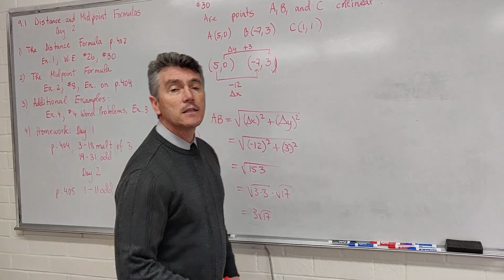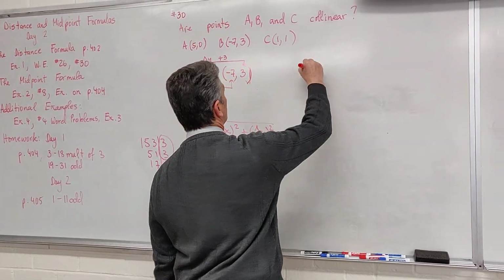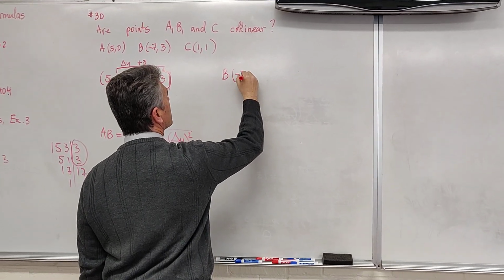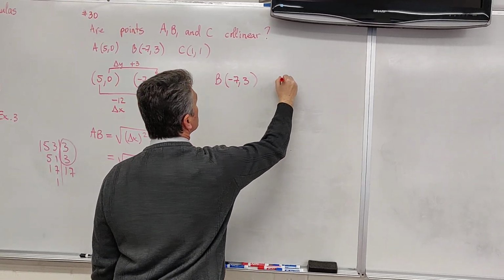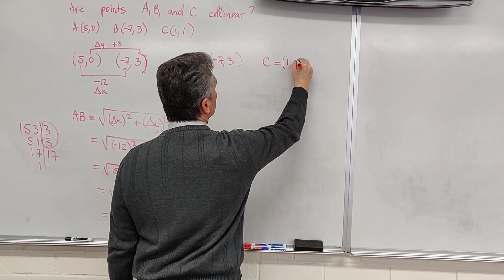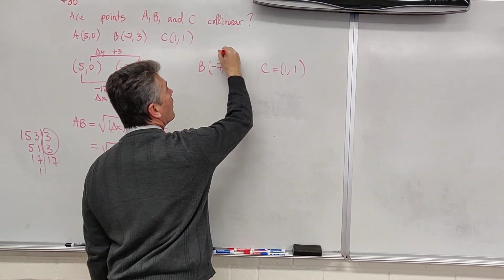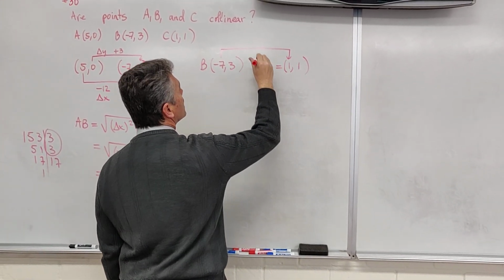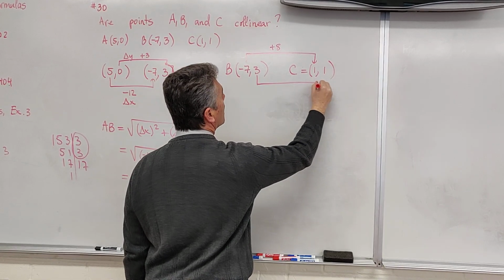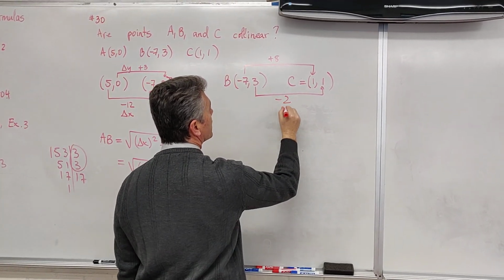Now we find the length of segment BC. Same procedure. B has coordinates negative 7 and 3. C has coordinates 1 and 1. The change in X is positive 8. The change in Y is negative 2.